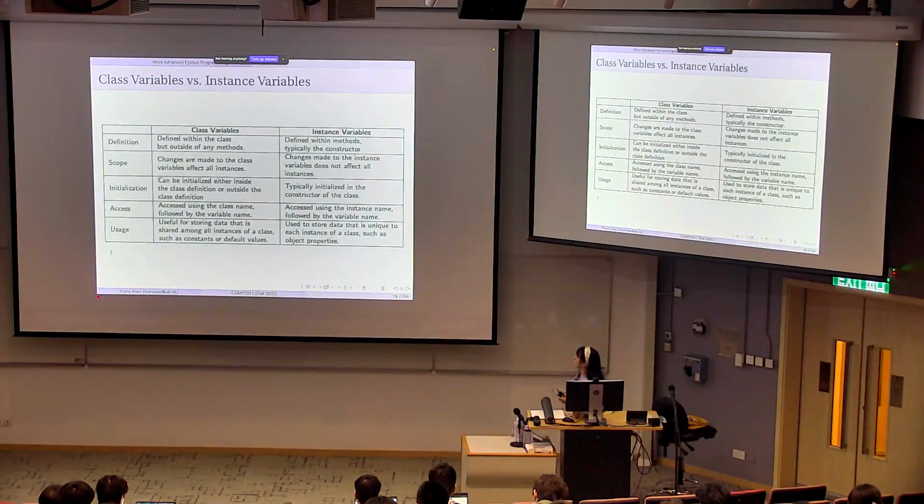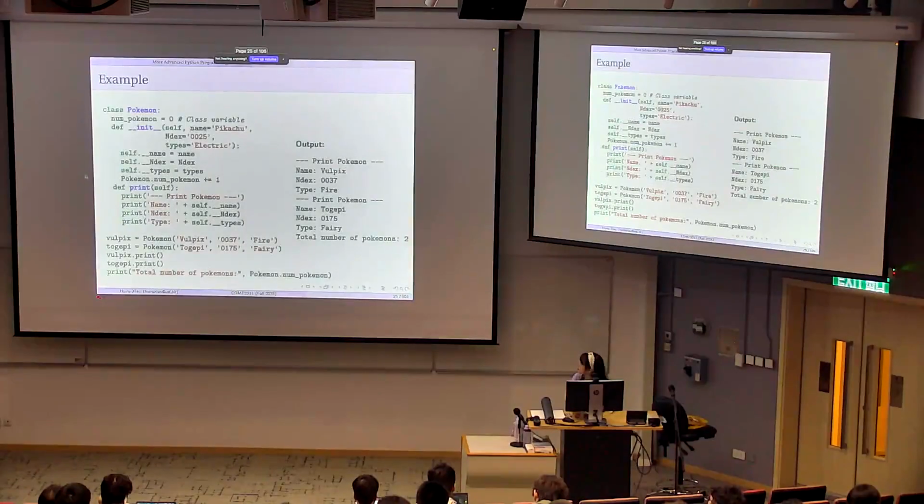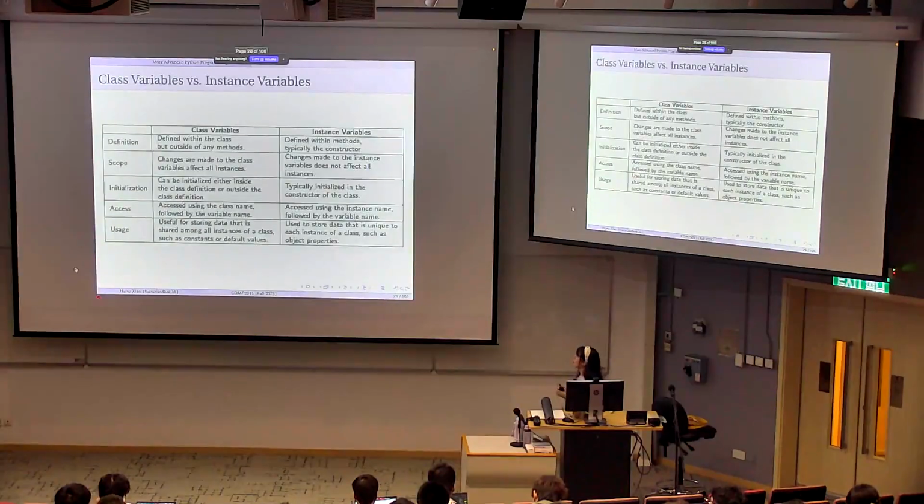But the instance variable is used to store data that is unique to each instance of a class, such as some object properties, like the name, index, types. There are some unique properties to each object, right? So we use instance variables to store this information. All right, this would be the comparison between class variables and instance variables.